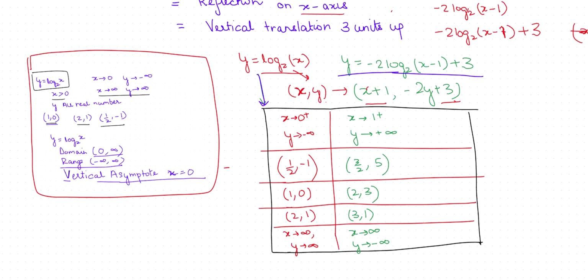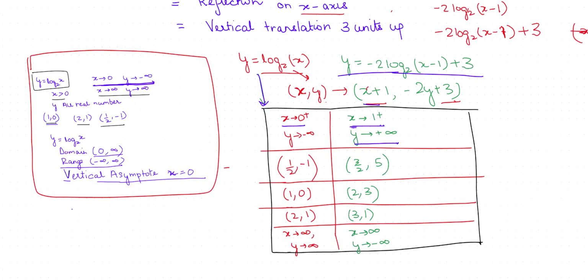So here, when x was tending to 0, y was tending to negative infinity. Here it is plus 1. So x tends to 1 when here x was tending to 0 plus, and then y is tending to positive infinity because it is multiplied by negative. So negative times negative infinity is plus infinity.